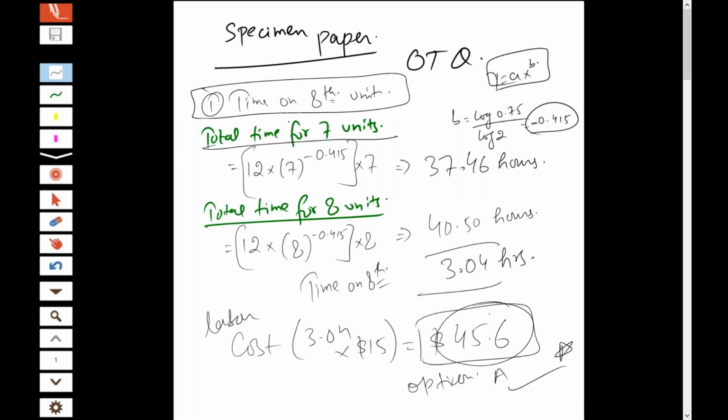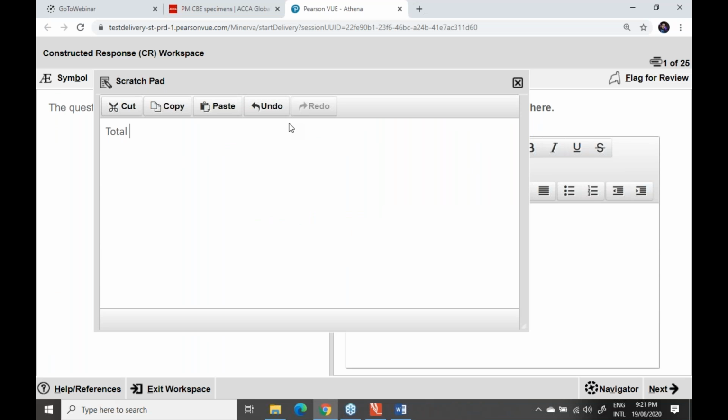I will write total time. This will not be visible to the checking team. The total time for 7 units was 37.46. I just noted it here. This is my rough paper. Instead of using pen and paper, I will be noting things down here.